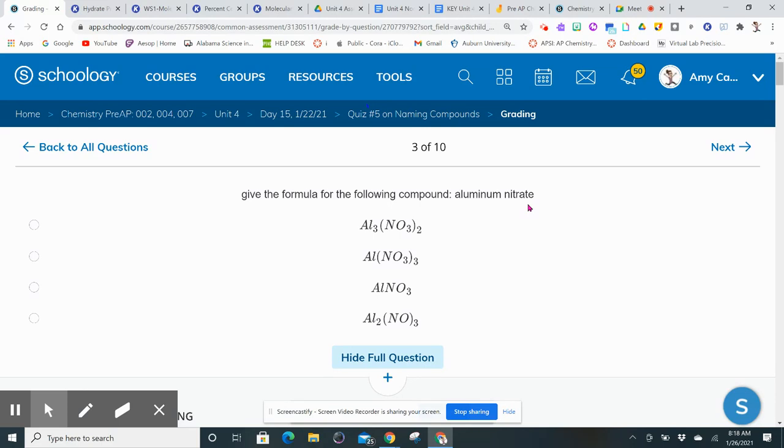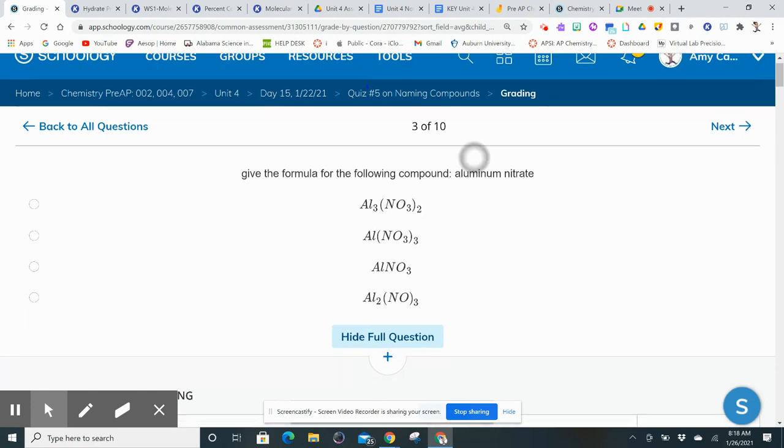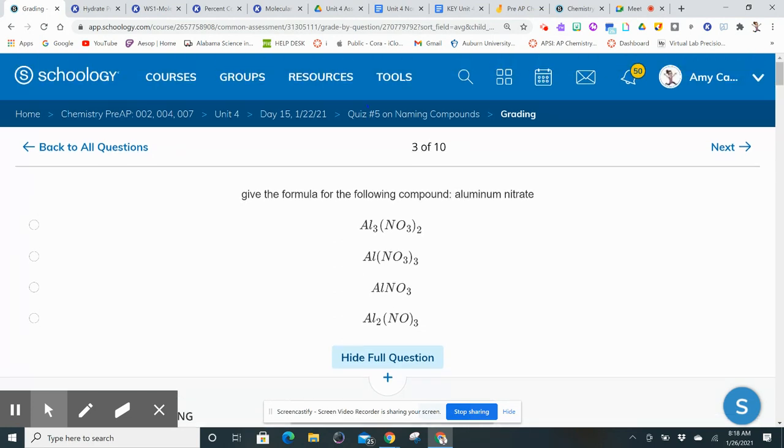So the other thing we have to go back and make sure we have memorized is our polyatomic ions. Okay? So aluminum, we know that that is Al. And look on your periodic table, what is the charge for aluminum? +3. Okay? Now, with polyatomic ions, you just have to have them memorized. There's no way to figure it out.